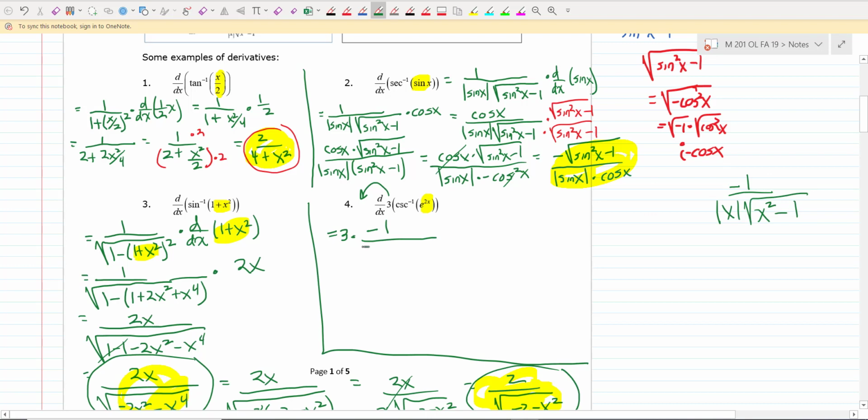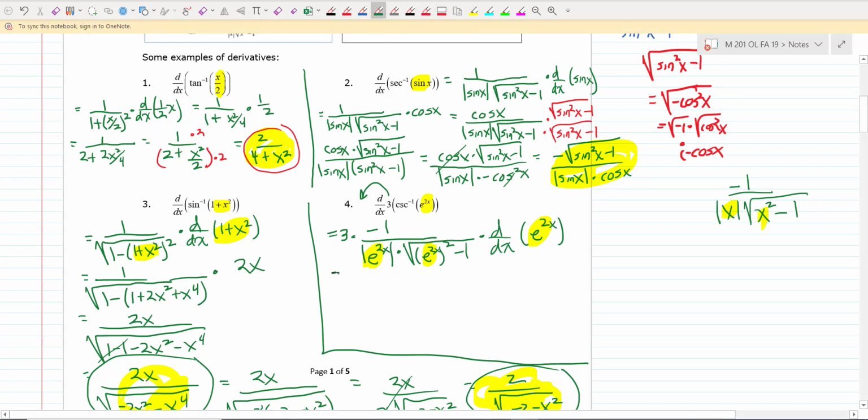Negative 1 over the absolute value, not of x, but of the function e to the 2x, and then times the radical, e to the 2x squared minus 1, and then the chain rule says multiply by the derivative of that function inside. So that function gets replaced in for x, and then you have the chain rule.